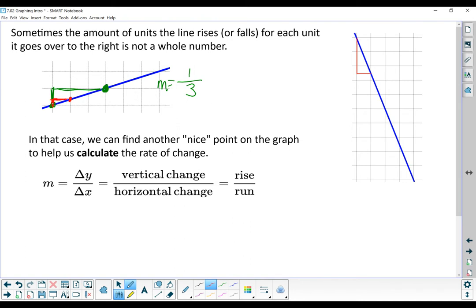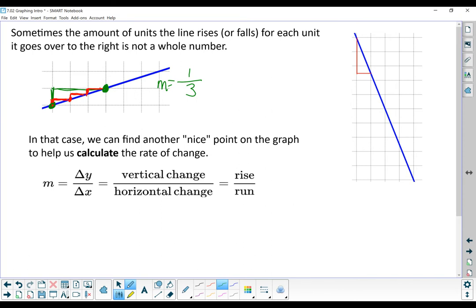It's going up 1/3 of a unit for every 1 unit it goes over. So then it goes up another third and then up another third. So this count, looking for a nice point on the graph, is just a clever way of calculating the rate of change or the slope.